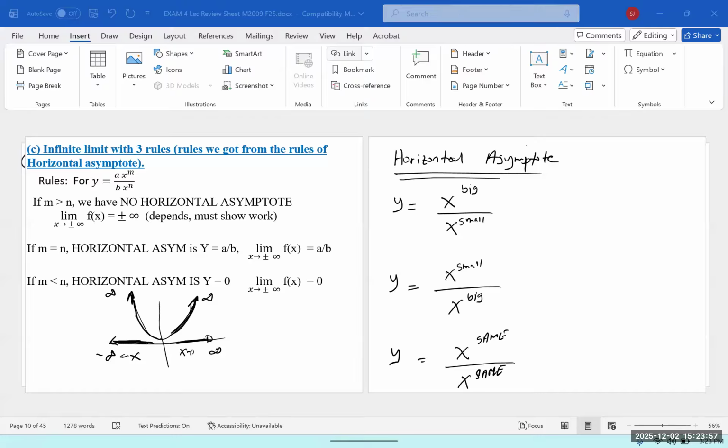So depending on the scenario, you get three different horizontal asymptotes.